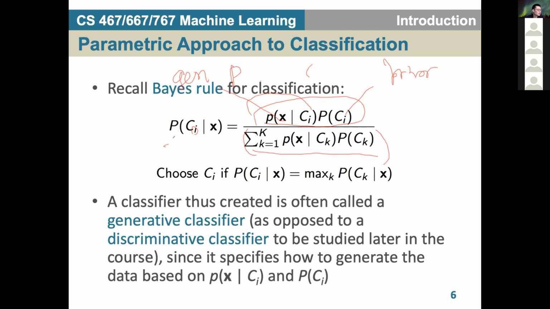And this term itself is called the posterior. The prior is before you see X: you don't see anything, how much you believe the class belongs to C1. Then after you see X, how likely you believe that this data actually belongs to C1. If you don't see any attribute of it, you have a prior belief.